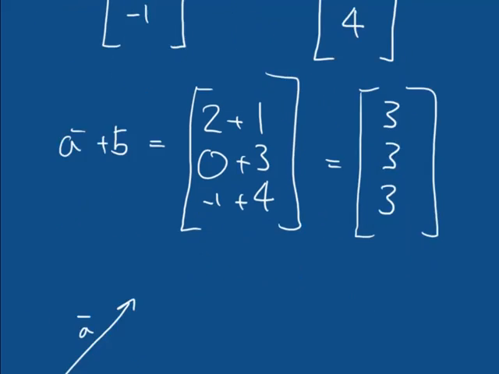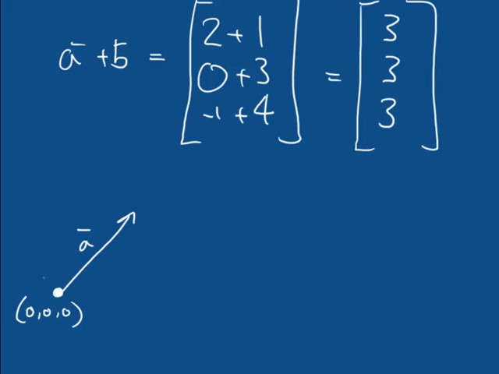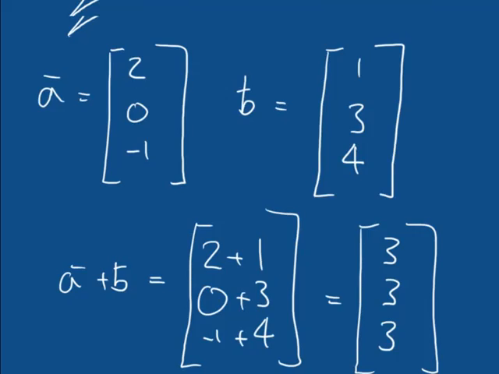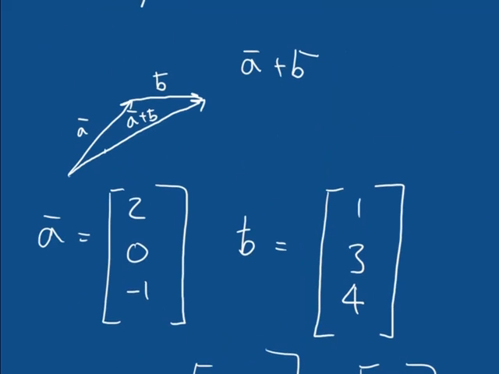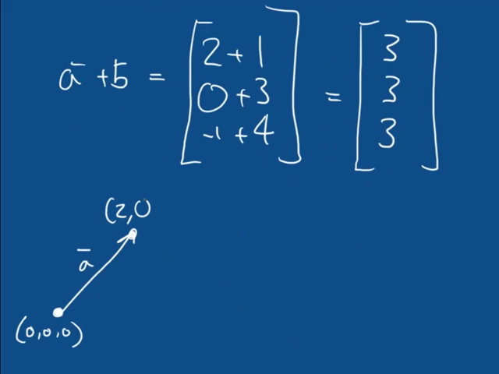So if we started at the origin and we've traveled 2 units in x, that means we're going to be at 2 in x. If we've then traveled no units in y, so we started at the origin but traveled no units in y, we're still going to be at 0 in y. And if we started here at the origin but traveled -1 units in z, we're going to be at -1 in z.